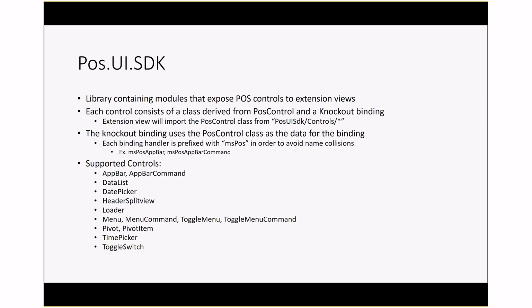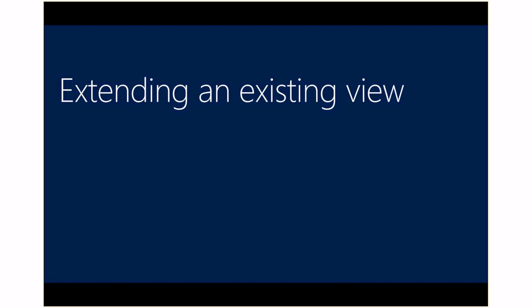And then the knockout binding that corresponds to that POS control will be the control name, but prefixed with MS POS. And we'll go through some examples of how this works when we dive into the code here in a minute. All right, so with that, let's actually dive into the code.